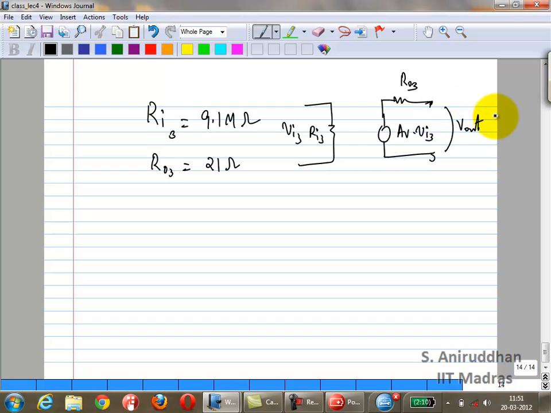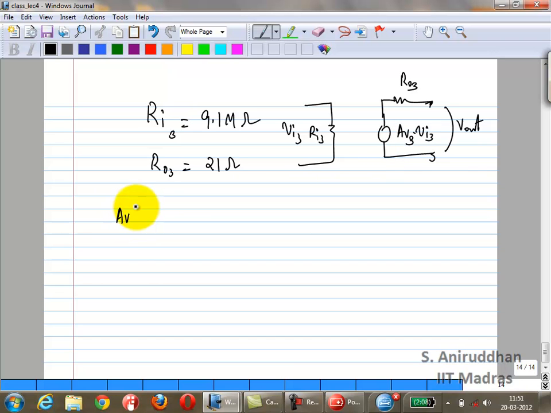So this is the equivalent circuit for the third stage. We call this AV3.